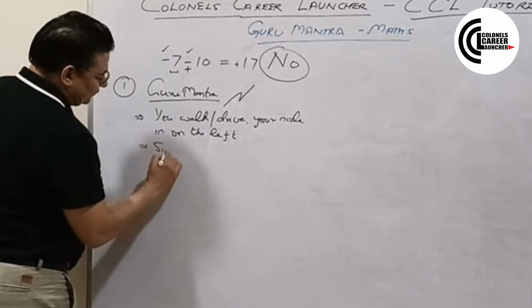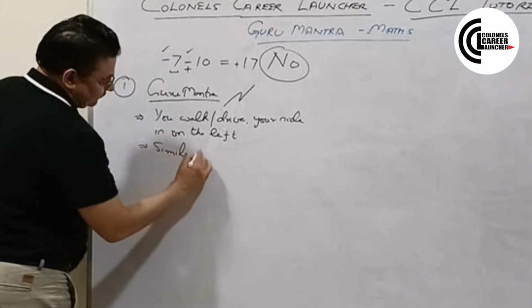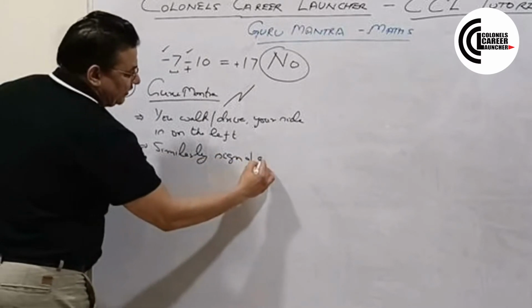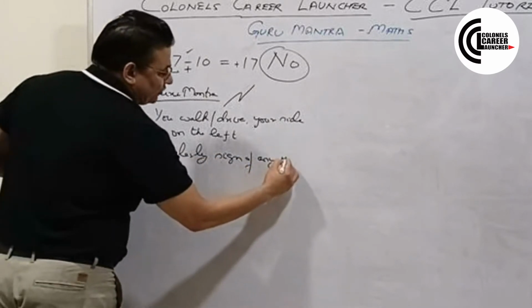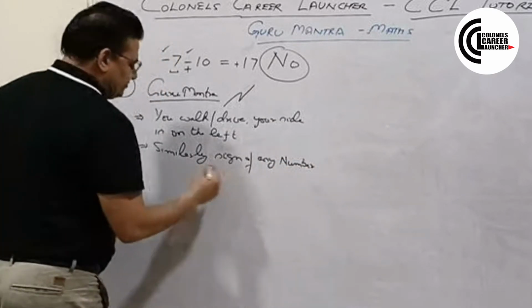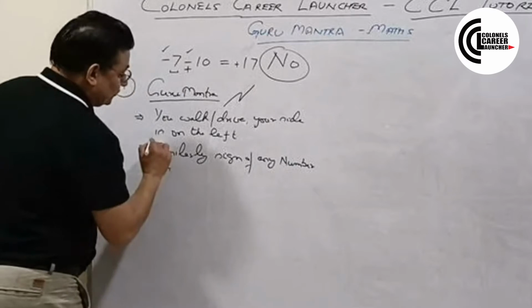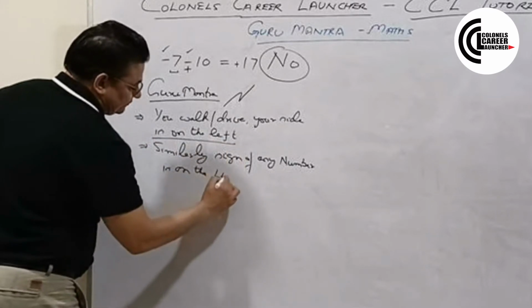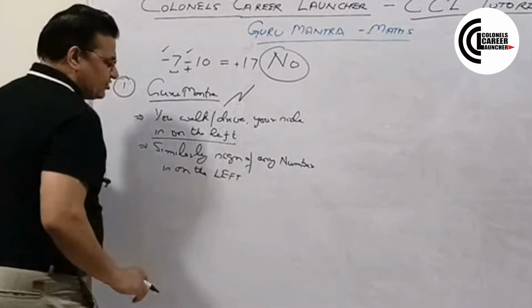Similarly, the sign of any number, or even variables, but we will not talk about it, let's keep it simple, any number is on the left. So this is very easy to understand.